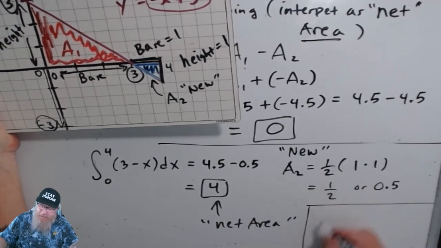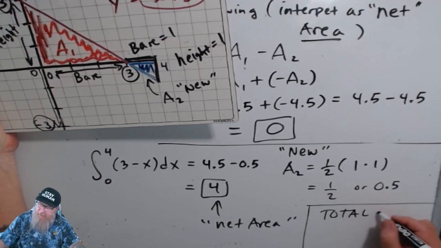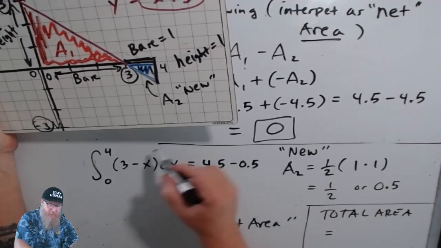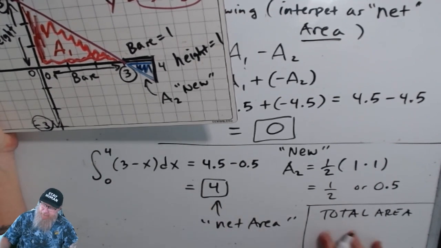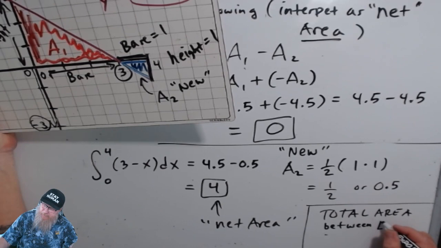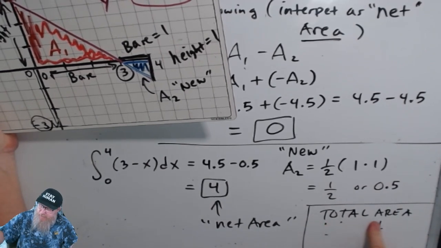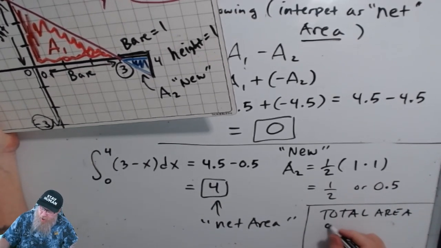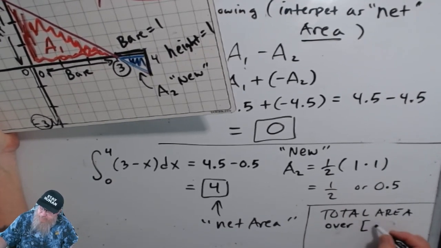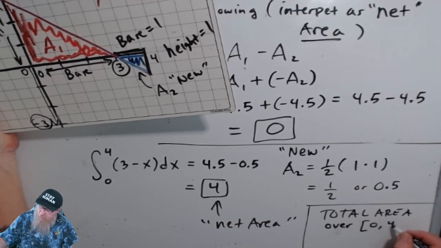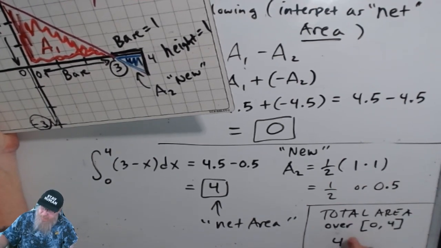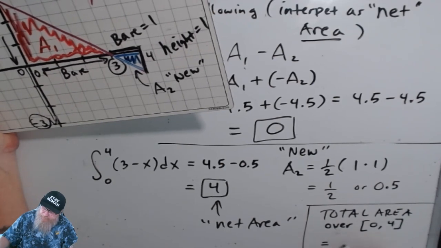And then I could just make one more comment. The total area for this part here between, you know what a quick way to say between is? You've seen this before. On or over, and you say 0 to 4 is 5. Oh, that's interesting.